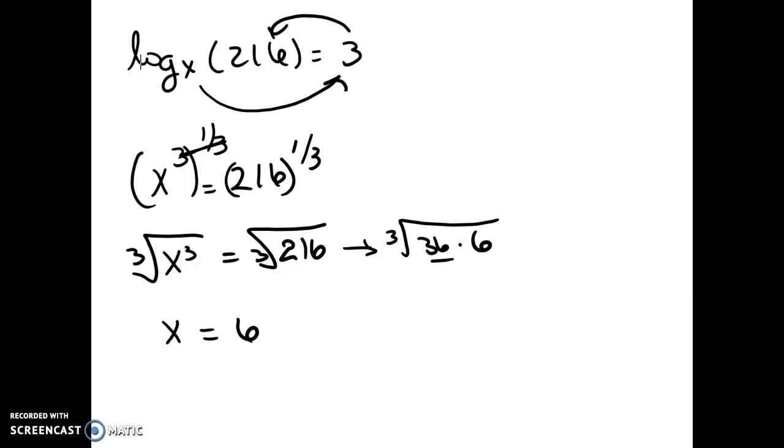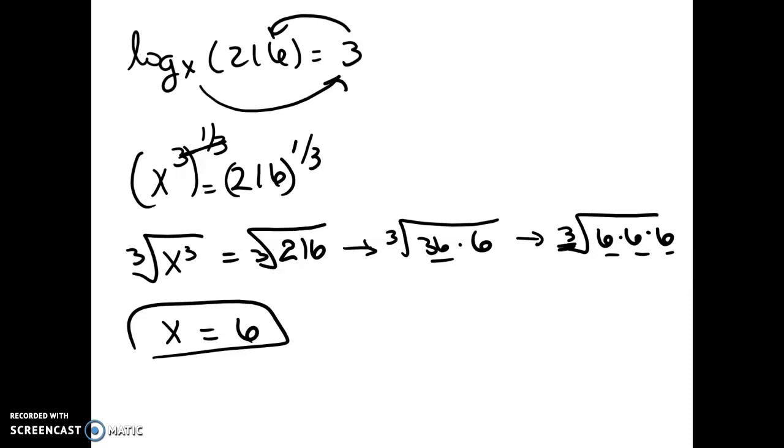And then I can break down that 36 into 6 times 6 times 6. Notice I've got 3 of the same number, so I will pull one of those out, and that will give me my final answer. Or you can just enter this into your calculator and it should give you the number 6.